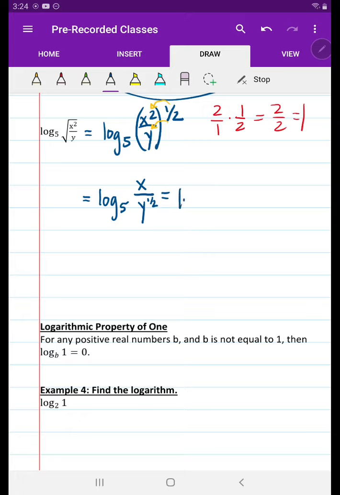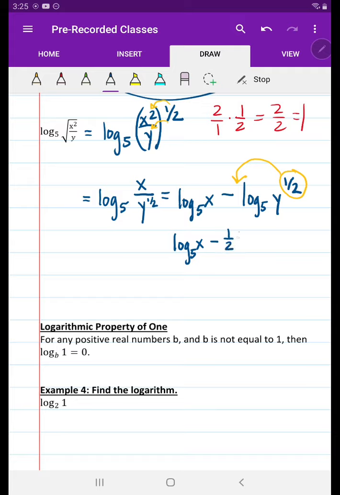So then this turns into log base 5 of x minus log base 5 of y to the 1/2. And then the last step, this exponent of 1/2 can go in front of your logarithm as a coefficient. So then this turns into log base 5 of x minus 1/2 log base 5 of y. And that's it, and you're all done.